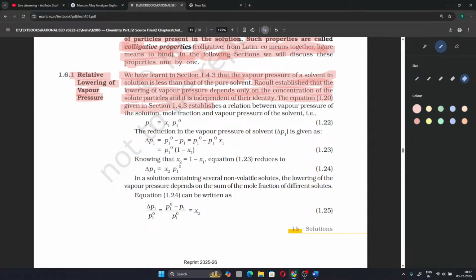Raoult's law establishes a relation between the vapor pressure of the solution, mole fraction, and the vapor pressure of the pure solvent: P1 equals chi1 P0. The reduction in the vapor pressure of the solvent, delta P1, is given as delta P1 equals P01 minus P1 equals P01 minus chi1 P01.